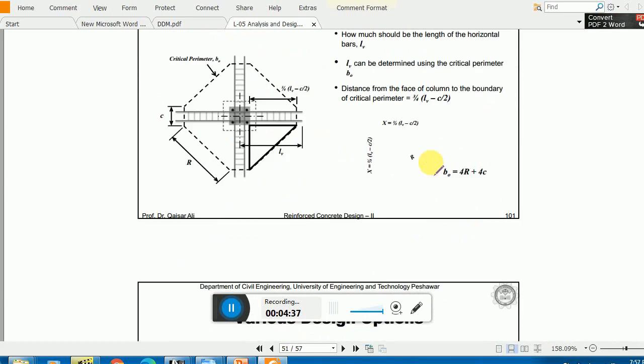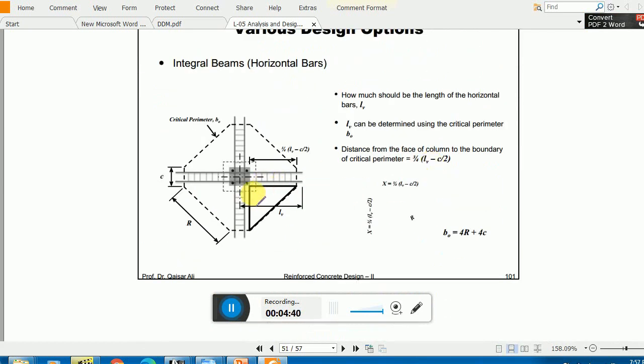The total distance is denoted by Lv, and from the face of the column up to this width, the critical parameter, this distance is denoted by X. This X is equal to 3/4 times (Lv minus C/2).